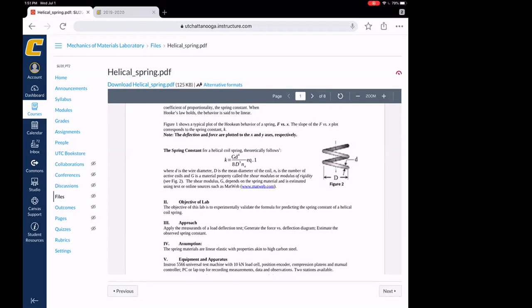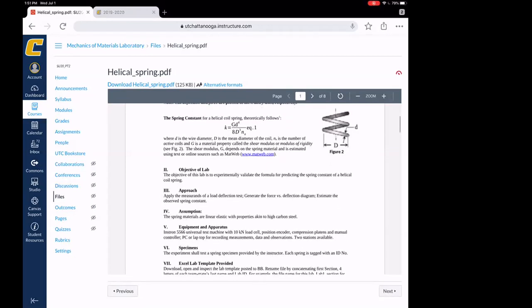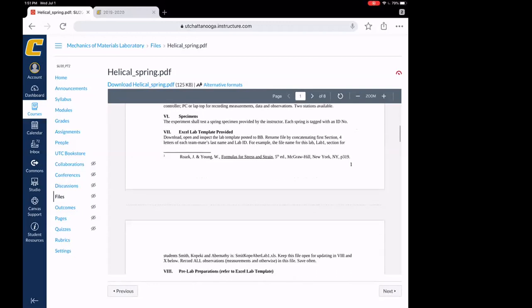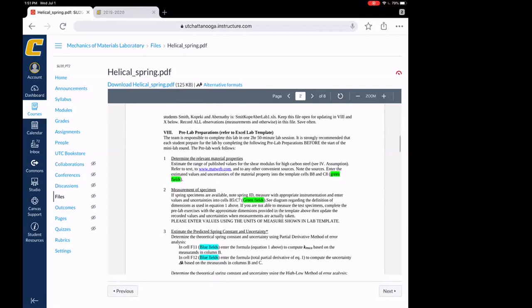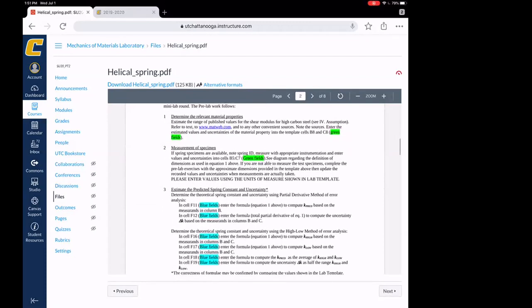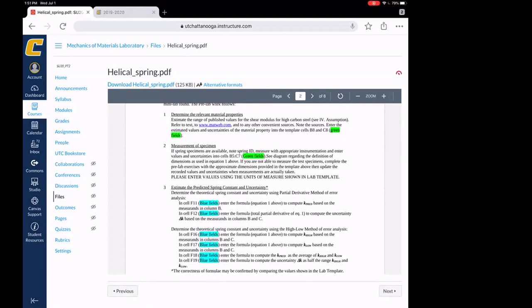Then you go ahead and read, and it talks about the objective or lab approach. The part on data acquisition and preparation, obviously you don't do, because we don't have access to the machines.